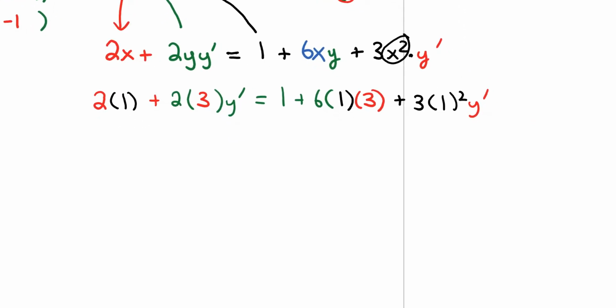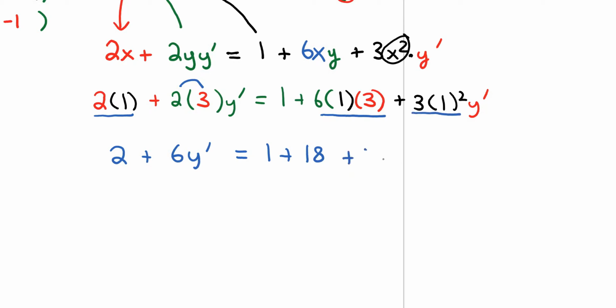Okay, let's now evaluate these numbers and isolate for y prime. 2 times 1 is 2 plus 2 times 3 is 6, so that would be 6y prime equals 1 plus 6 times 1 times 3, which is 18, plus 3 times 1 squared, which is 3y prime.